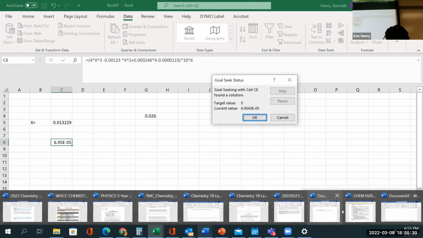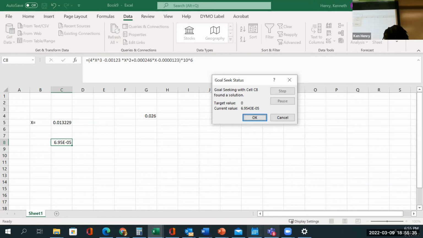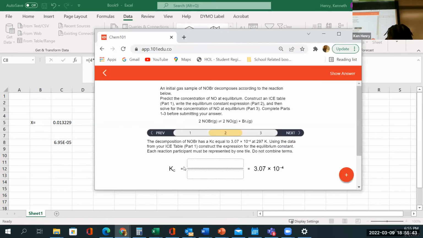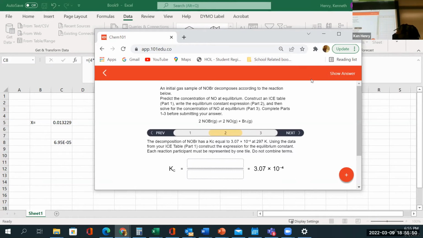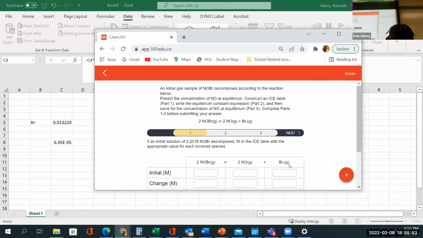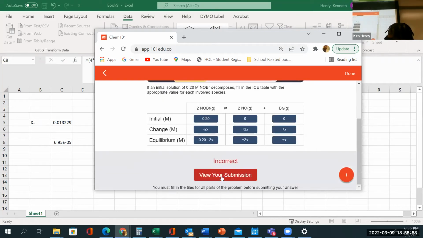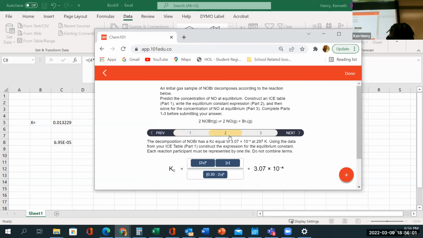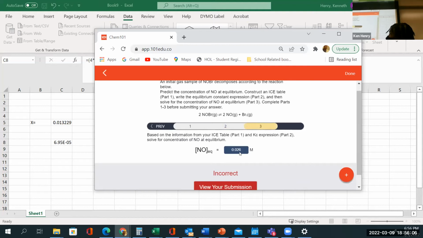Okay, hold on. It's actually not cheap. 0.026.